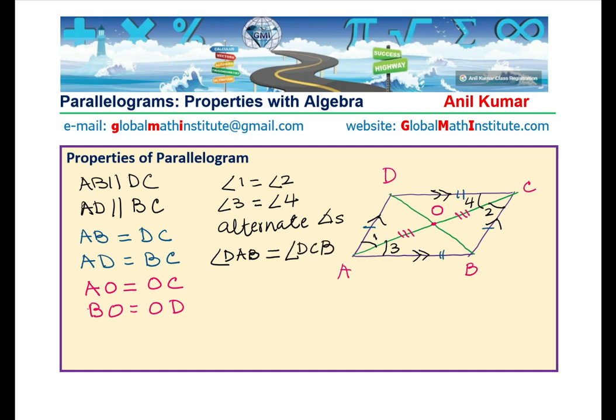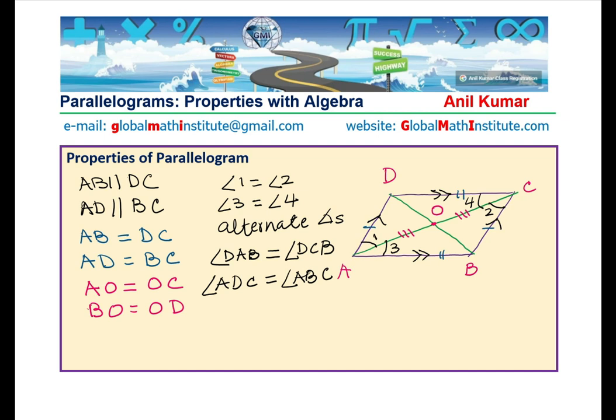So that means the opposite angles of a parallelogram are congruent or equal. Similarly, we can say ADC is also equal to ABC. You see, there are so many properties which we get into.